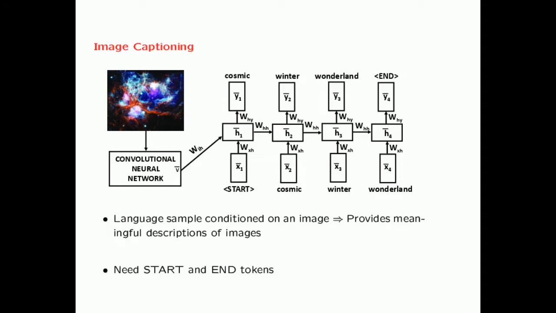In this case, the caption of the image is Cosmic Winter Wonderland. To start off the caption, even in the training data, you put a start token, which outputs the first token, cosmic. Then whatever token you get, you input it to the next timestamp to get winter.